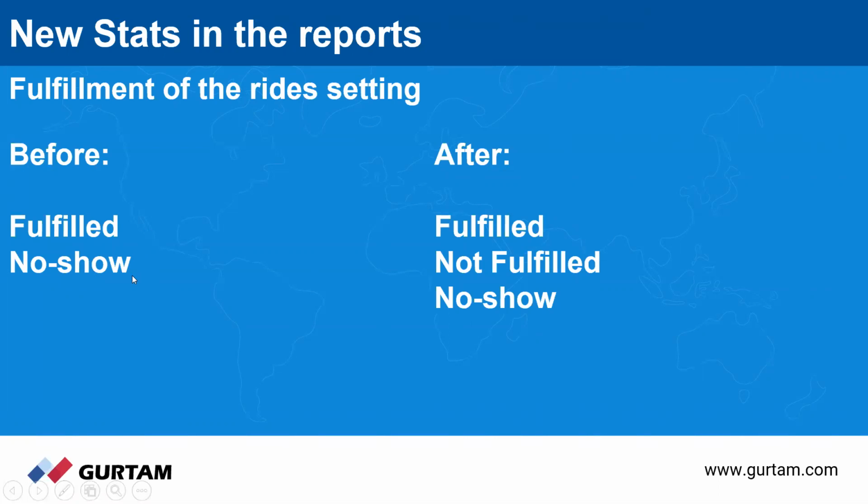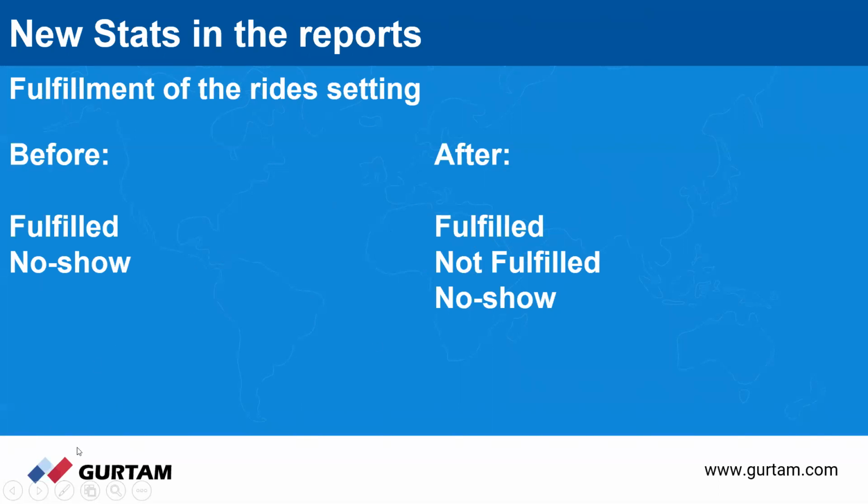No-show was when the unit did not show up at the bus stop at all. After we introduced this fulfillment of the ride setting, we now have three statuses: fulfilled, not fulfilled, and no-show. So we added not fulfilled. And it is really up to you to decide what you consider to be a fulfilled ride, not fulfilled ride, and no-show, according to this new feature.